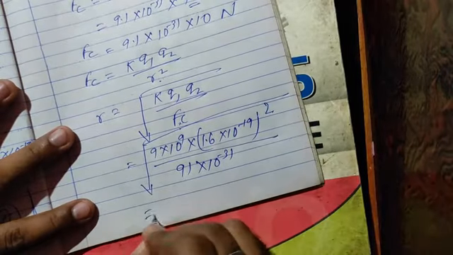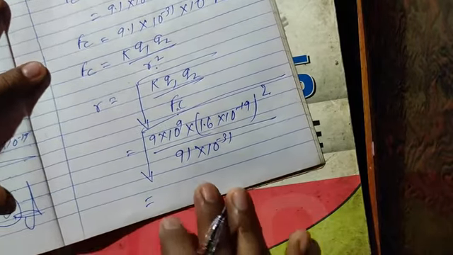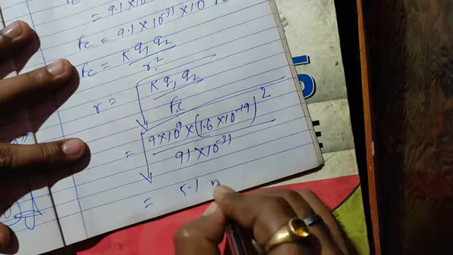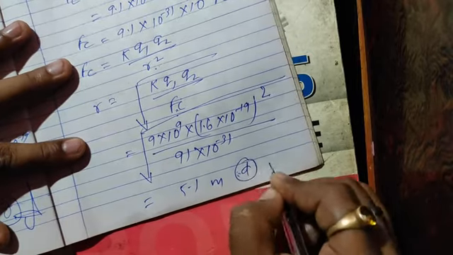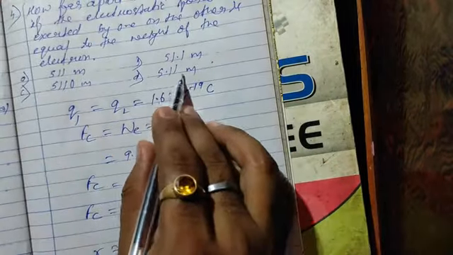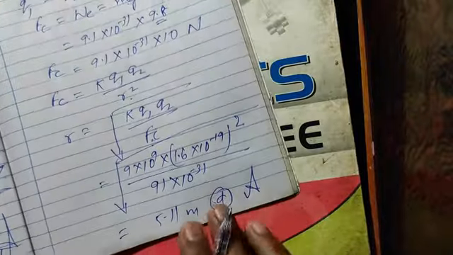So on solving we can calculate it. It will come approximately 5.1 meter, and option D, 5.11 meter.